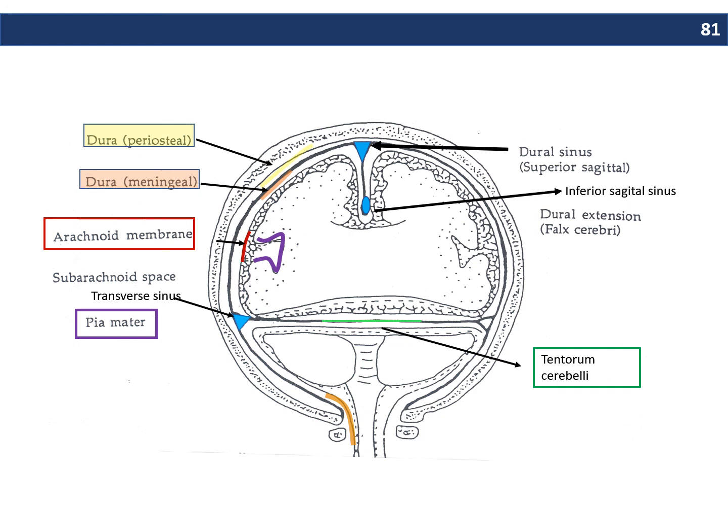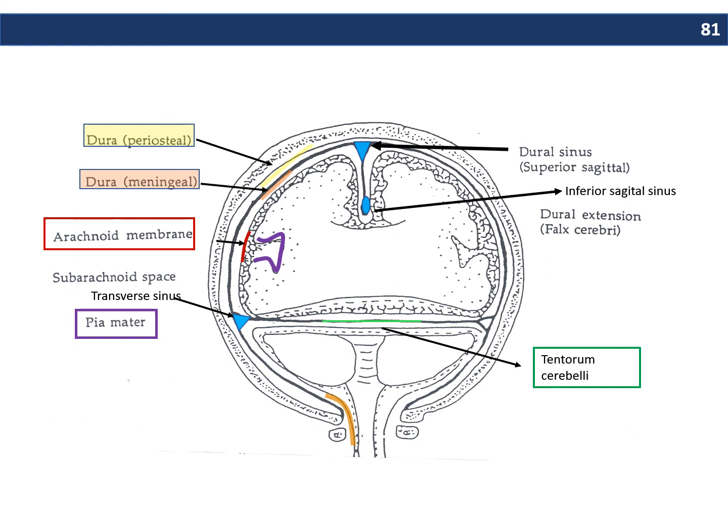That meningeal dura is shown here in this kind of brownish color, and what's different or unique about the dura inside the skull is that there are two layers. In addition to the meningeal layer, there's a periosteal layer, which is tightly opposed to the bone, and the meningeal layer is shown here.